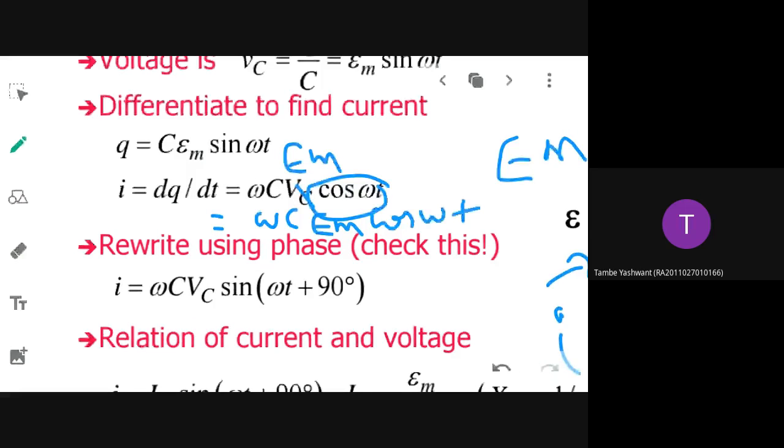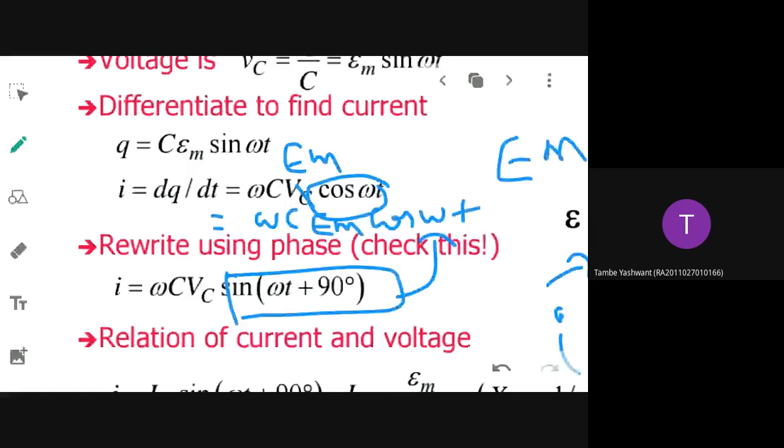Now I want to write cos omega t in terms of sin, using the trigonometric formula. Sin of omega t plus 90 is equal to cos omega t, so I can replace that term.